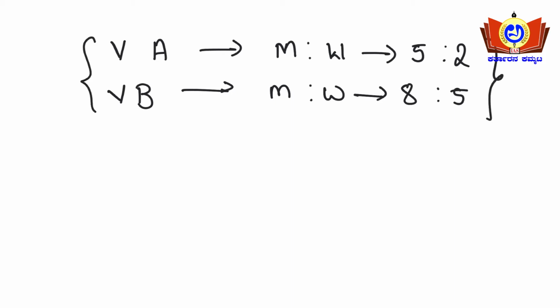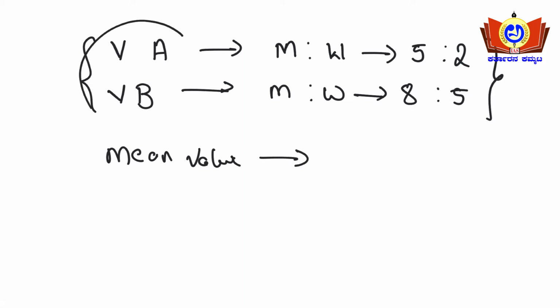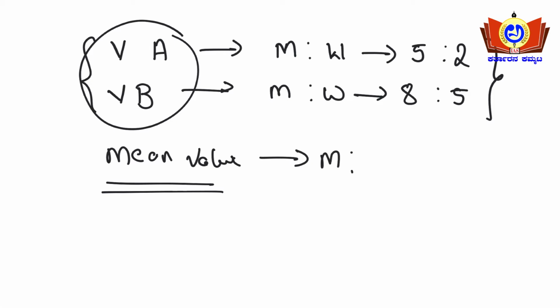So what you need to find is the mean ratio in the third vessel, where quantities from these two vessels shall be mixed, so that we'll be obtaining a mean value in the third vessel, where milk is to water ratio should be 9:4. This is the question they have asked here.